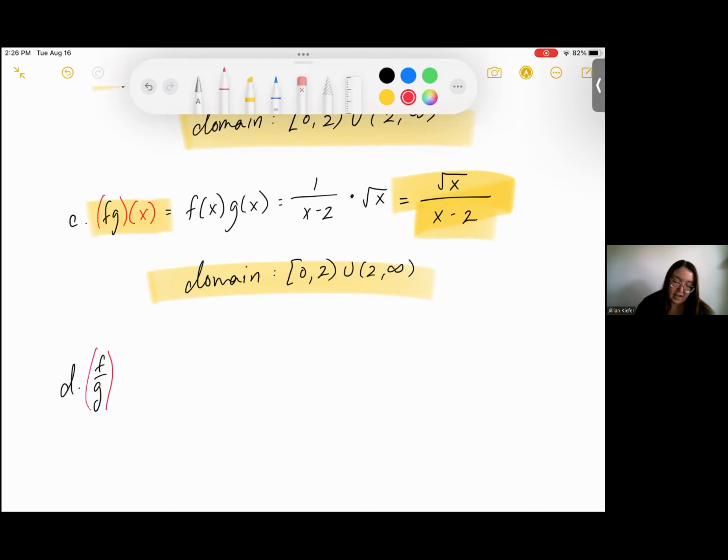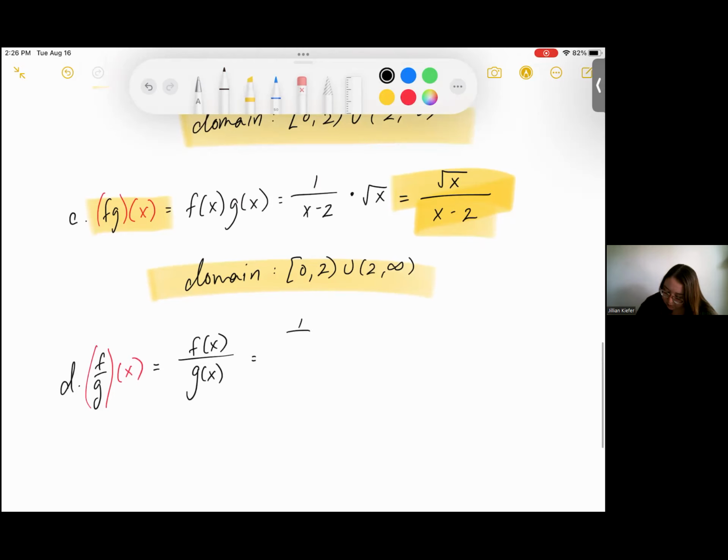So F divided by G insinuates F divided by G of X. This is the same thing as F of X divided by G of X. So F of X, as we know, is 1 over X minus 2.